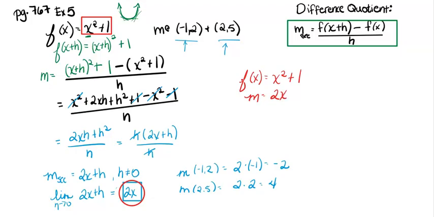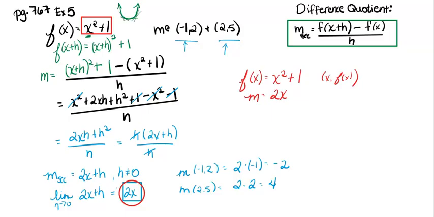This second function represents the slope of the graph of the first function at any point x, f of x. So any point on this green graph, which was represented by f of x, the slope of that function at that point can be figured out from the derived equation 2x.